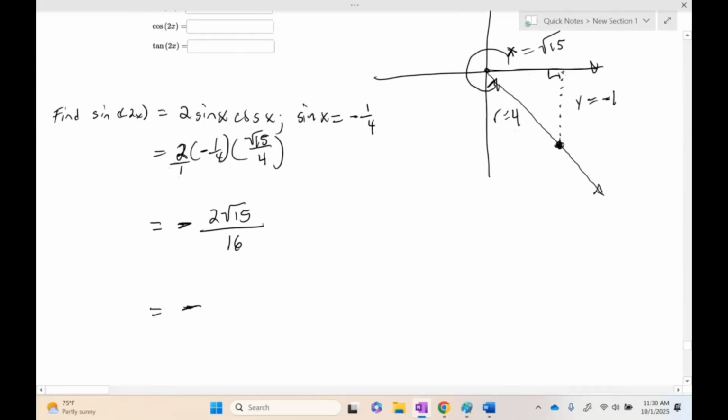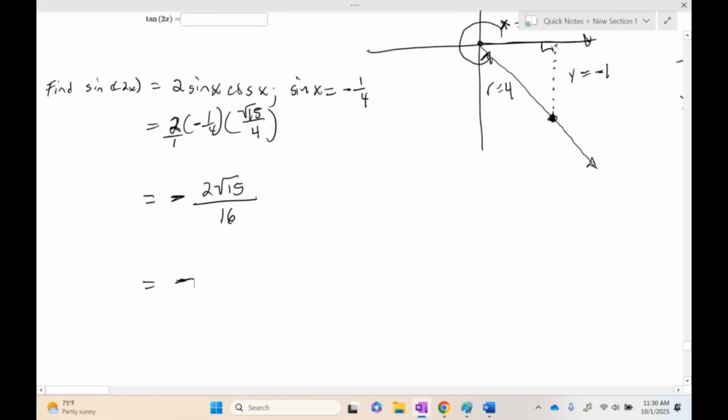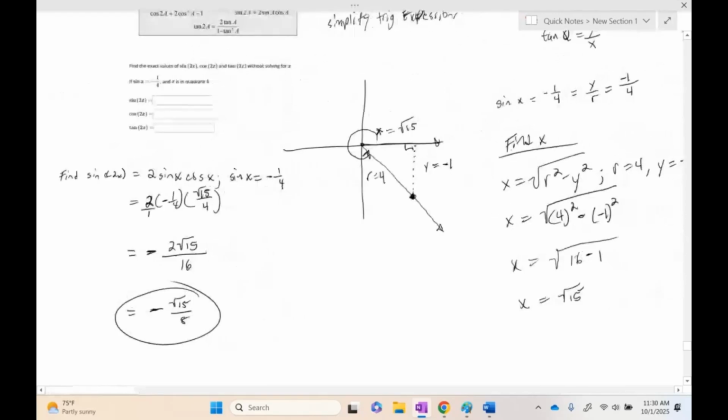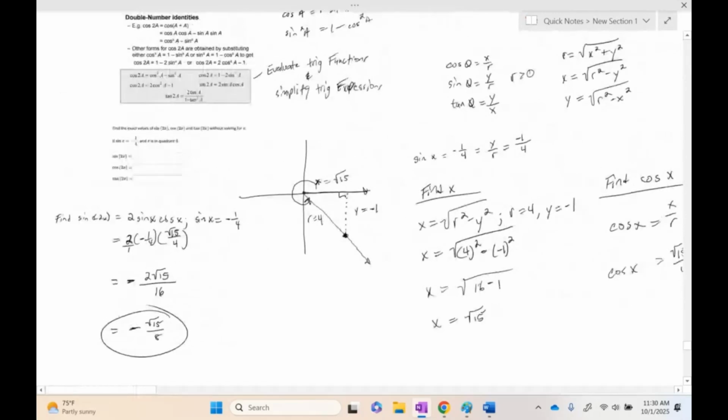So the double angle for sine value should be negative square root of 15 over 8. So I'm going to try to put all of that together. So any questions about the double angle for sine?